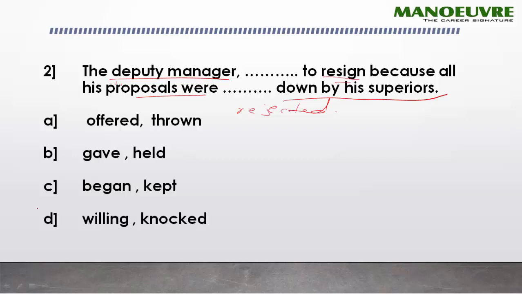This is called the assumption technique. Here we will be using two tricks. One is the assumption trick. We have assumed that the word rejected will be more suitable because we keep the word in our mind to understand the sentence properly without the blanks being filled. So let us proceed. The deputy manager dashed to resign because all his proposals were dashed down by his superiors.